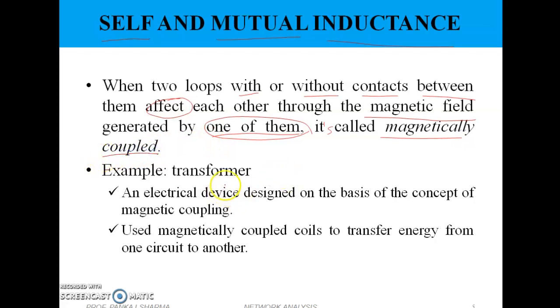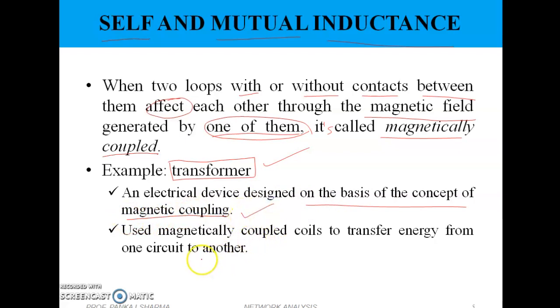For example, your transformer. Why transformer? The primary section and the secondary section of a transformer are electrically isolated. They are not connected electrically, but they are connected magnetically. It is an electric device designed on the basis of the concept of magnetic coupling.